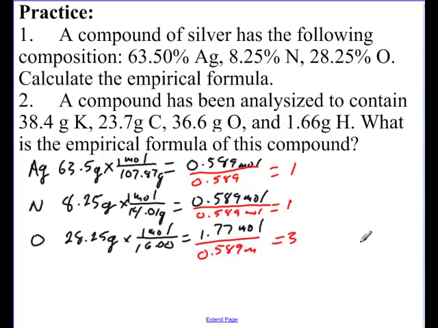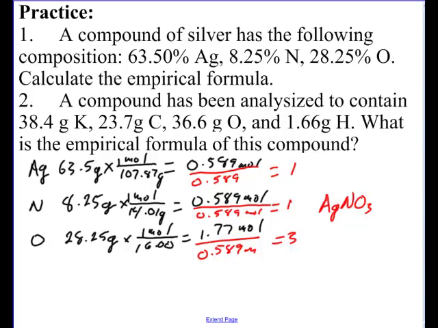So if we look at those 1 to 1 to 3, we get a formula of AgNO3. And what do you know? That's silver nitrate, right?